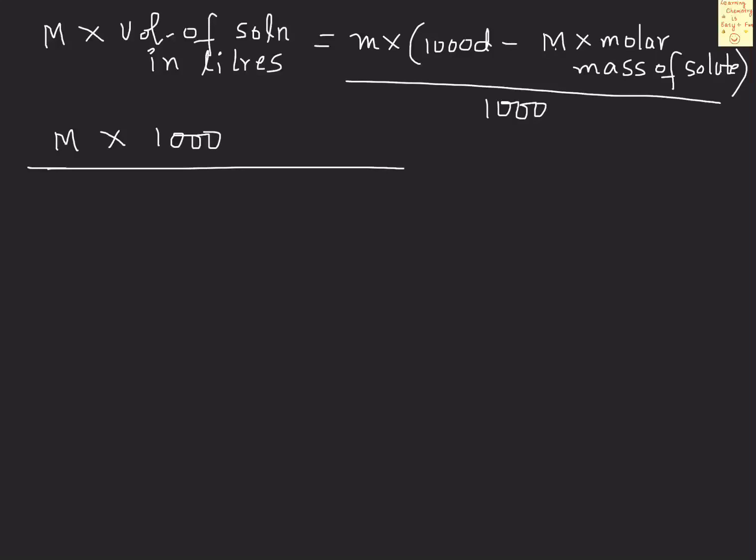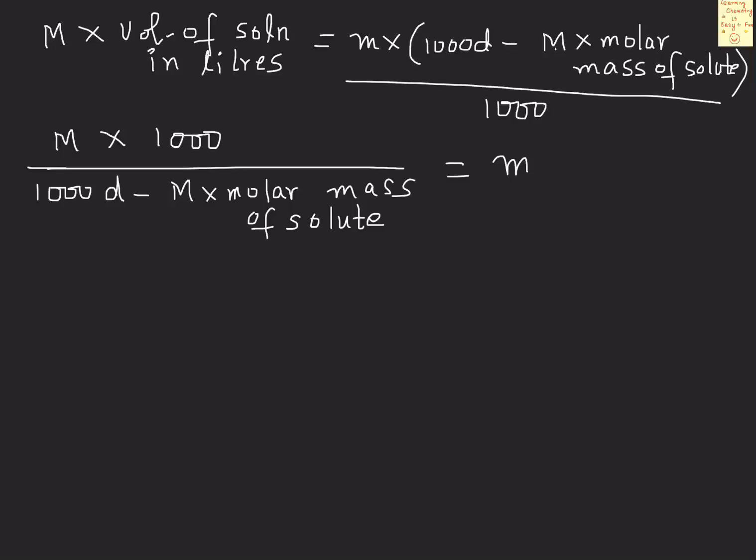So, we've got M into 1000 divided by 1000 D minus M into molar mass of solute is equal to molality.